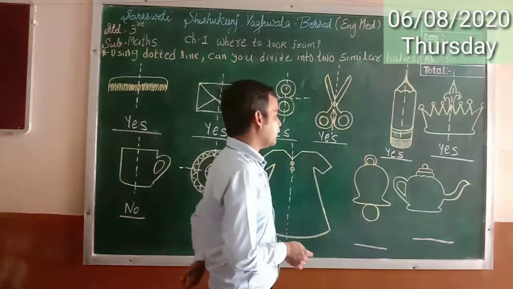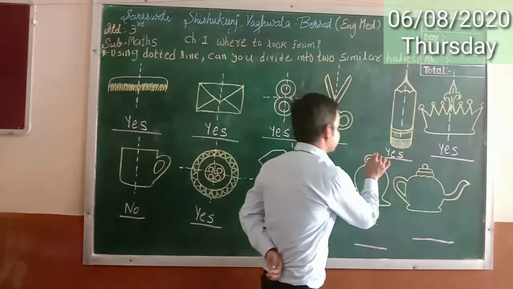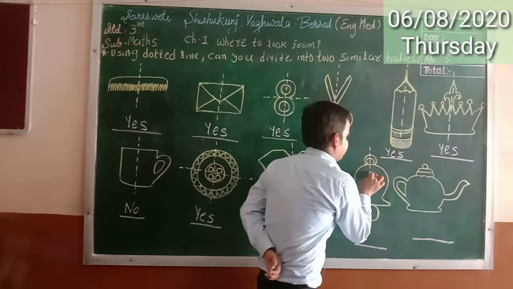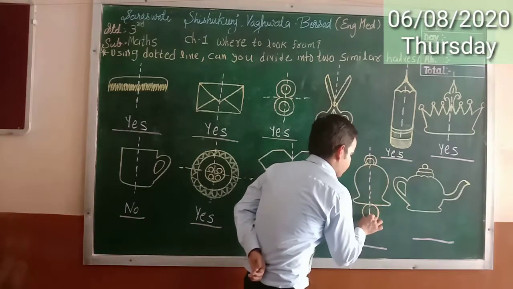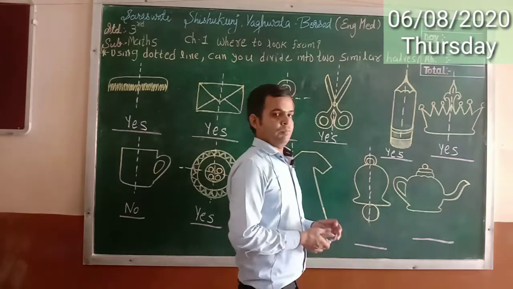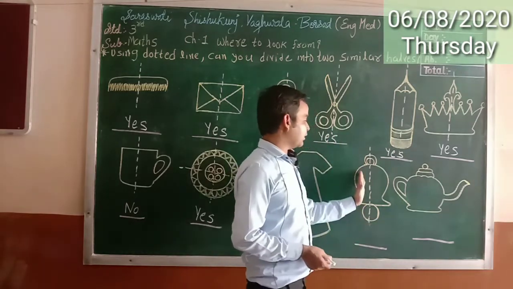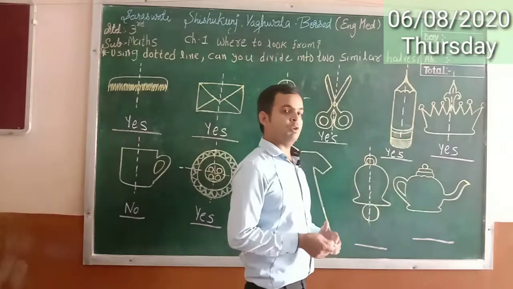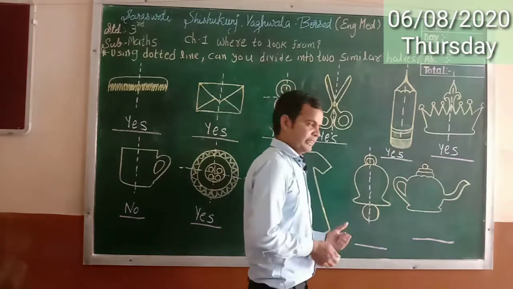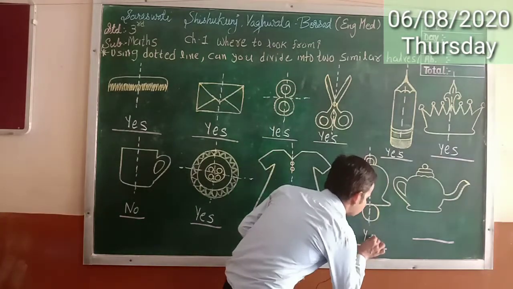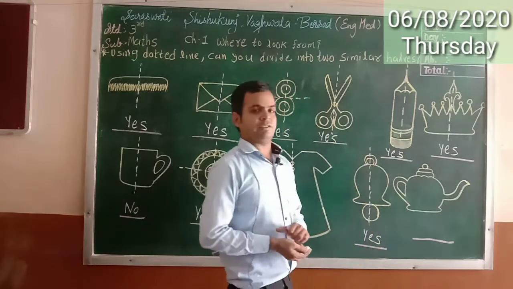Here if I divide this bell using a dotted line, now if you observe left side and right side, both sides are equal, yes or no? Yes, so this figure is also mirror halves.